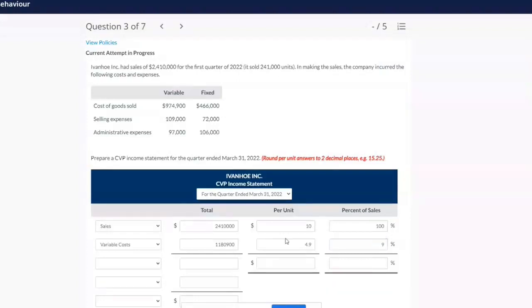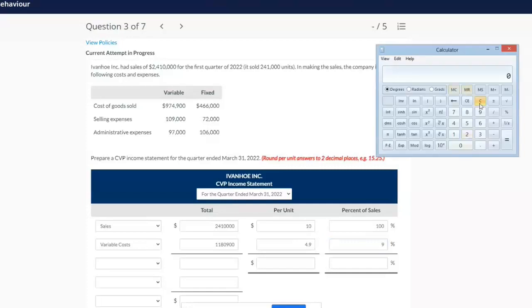Or take the total variable cost and divide by total sales: 1,180,900 divided by 2,410,000 is 0.49.